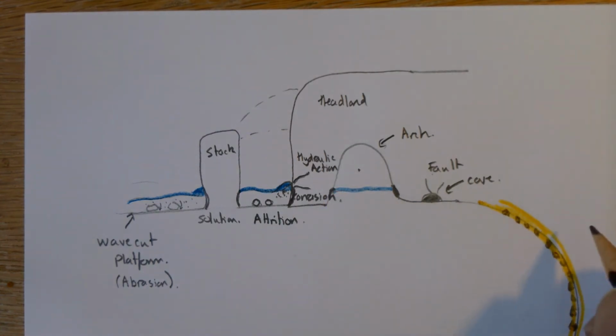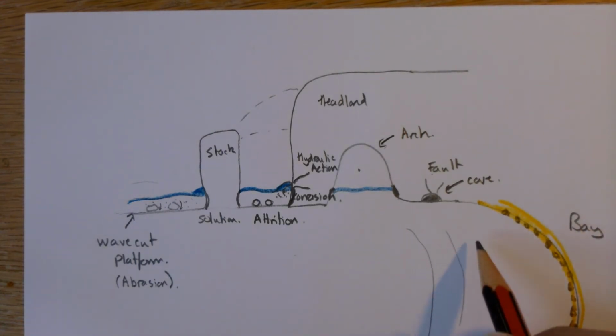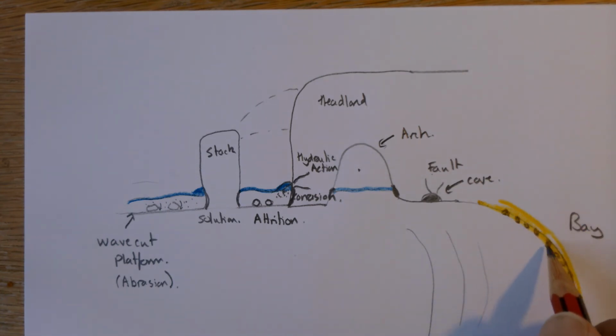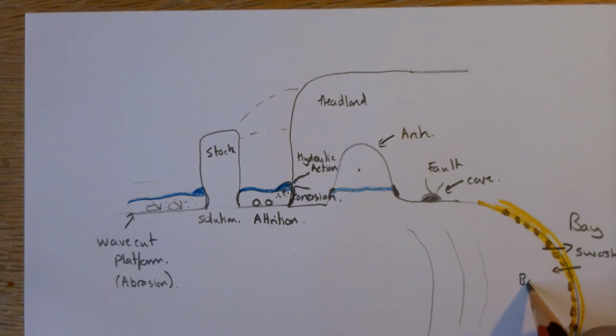But let's travel inland a little bit to our bay, slightly more protected, but the waves are still rolling in, and as they do so, they're going to be pushing material up the beach with the swash and dragging it back down with the backwash. And those stones are going to be grating and rolling over each other constantly. And if you go to the beach, you can hear this kind of sound, and that's just millions of stones colliding with each other with each rolling wave.